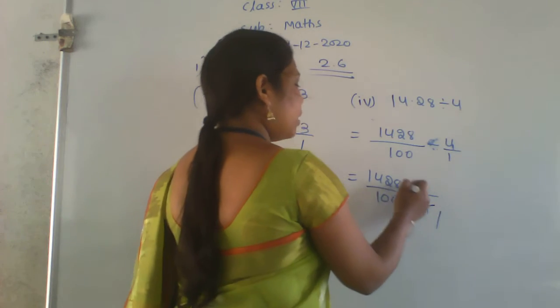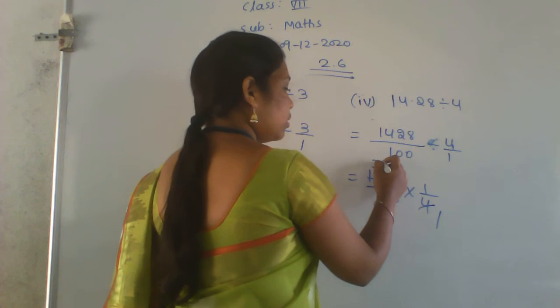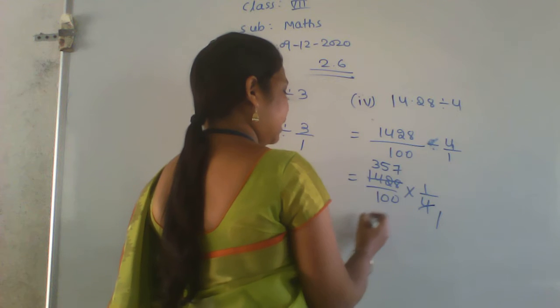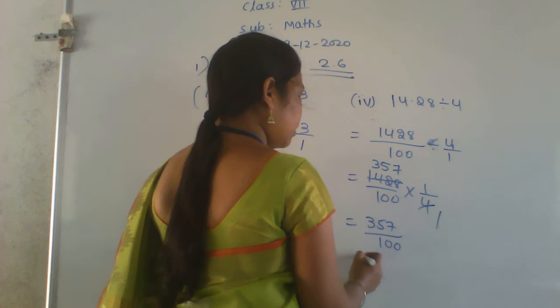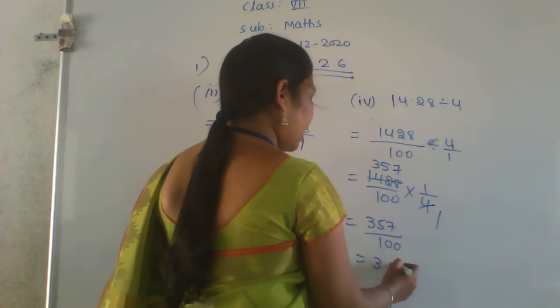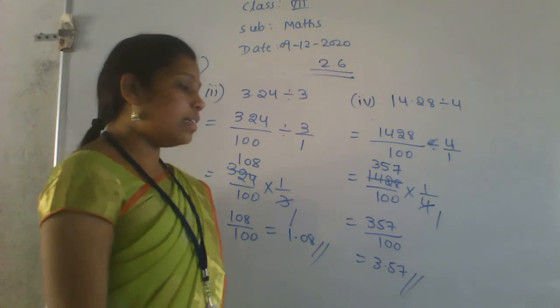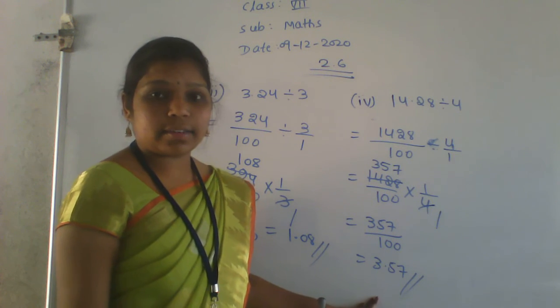Now 4 ones are 4, 4 threes are 12, 2 left, 4 fives are 20, 2 left, 4 sevens are 28. So 357 divided by 100 is the answer. Otherwise 3.57 is also a correct answer.